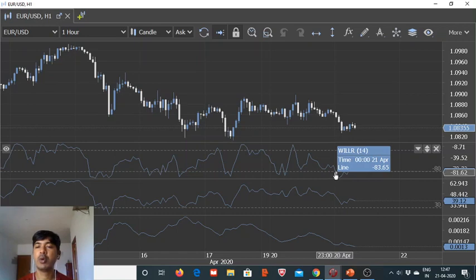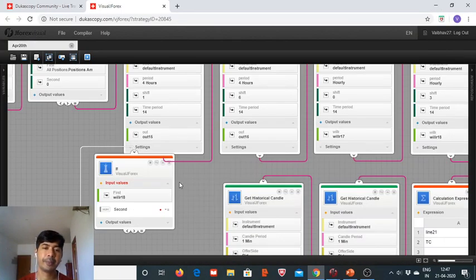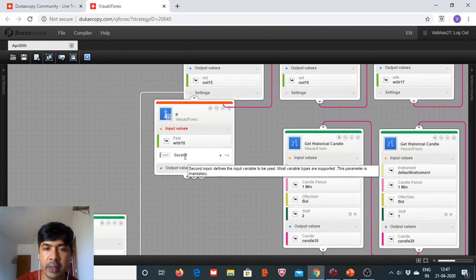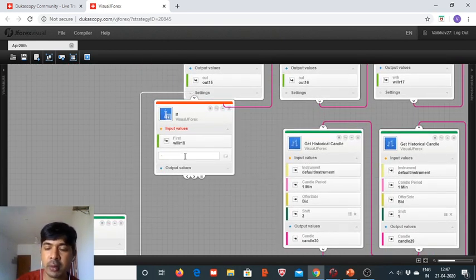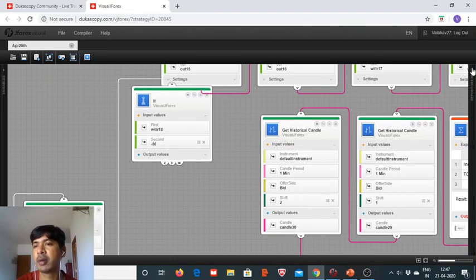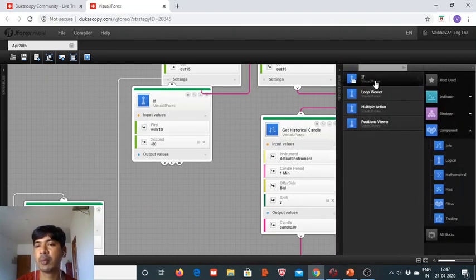It should be below minus 80. So we write it minus 80. Okay, it should be below, so we straight away take a couple of blocks and we join the dots.